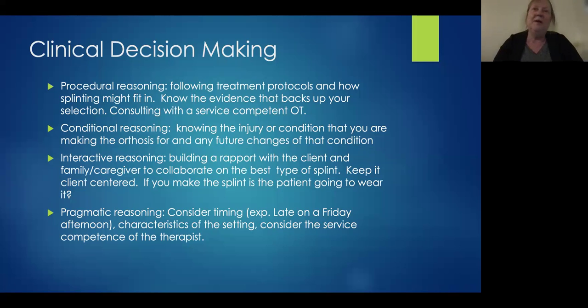So for example, when I think about carpal tunnel syndrome, there have been a lot of studies on carpal tunnel syndrome, but in regards to an orthosis, what they say is a wrist splint in the neutral position is the best position for carpal canal pressure. So this is knowing some of your evidence for the most common orthotics that you should know as entry-level therapists.